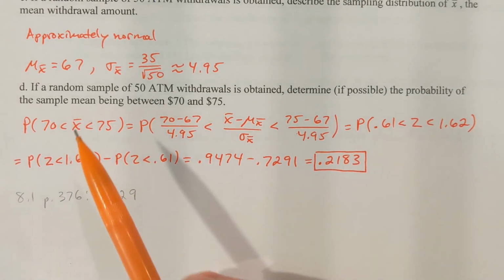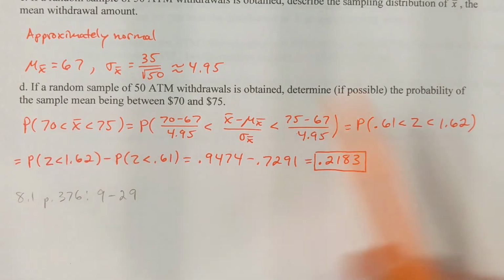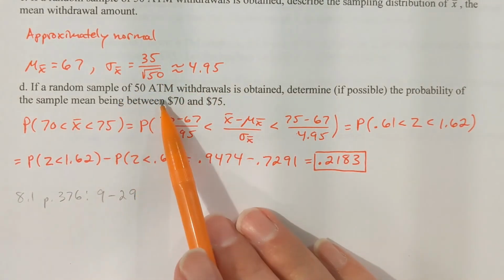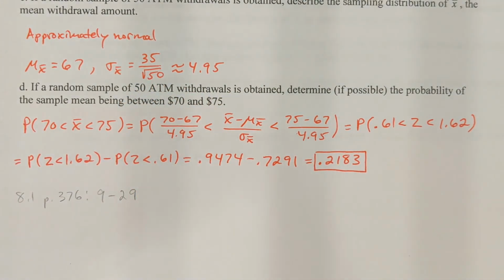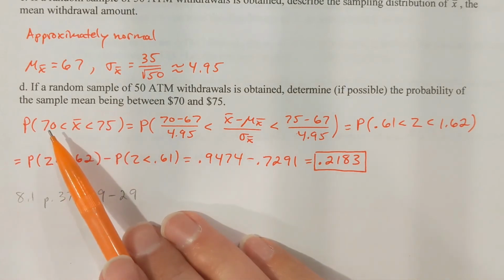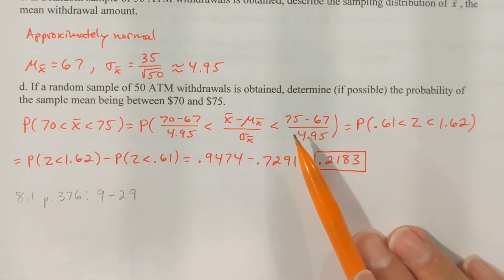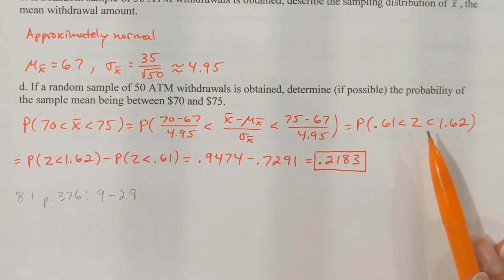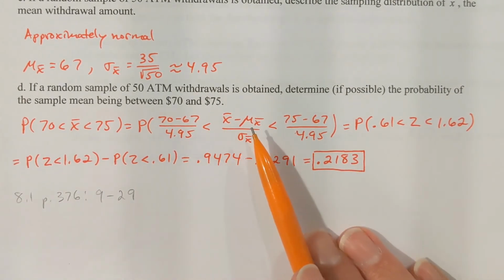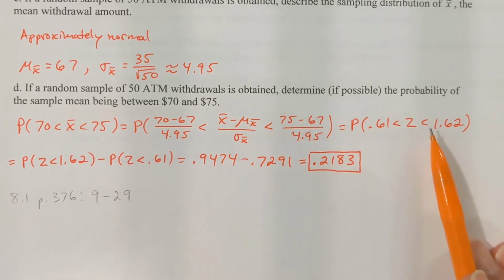So I want to find the probability that the mean of these 50 amounts is going to be some number between $70 and $75. Let's change the variable to get our z-score. X bar minus mu sub x bar over sigma sub x bar gives me my z-score.